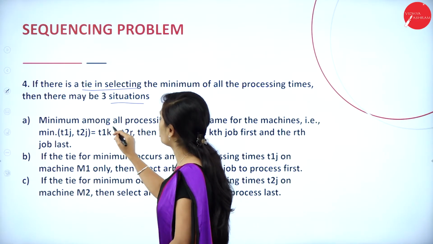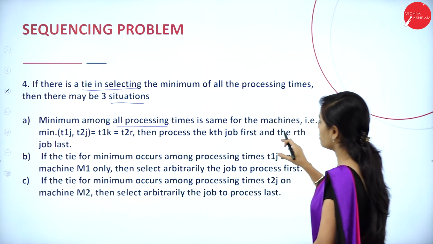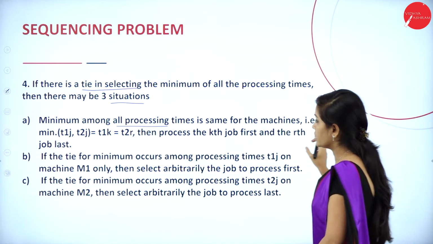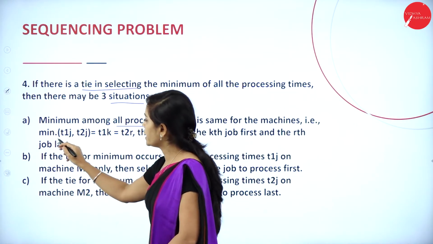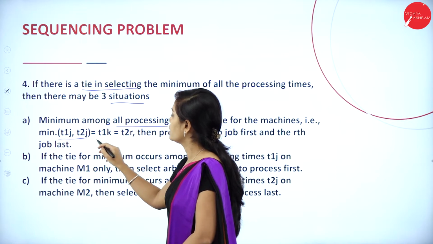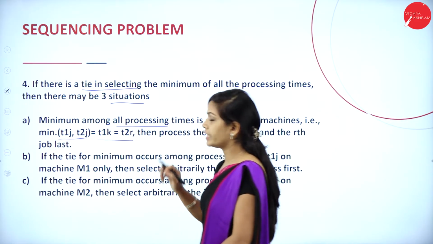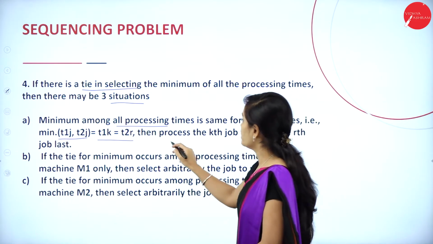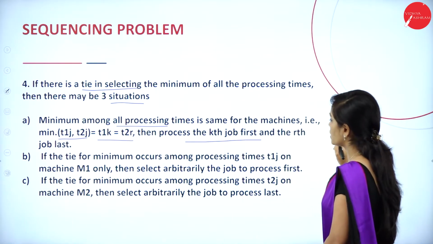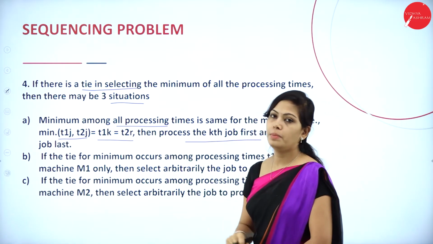The minimum among all processing times is the same for both machines, that is, the minimum T1j, T2j is equal to T1k and T2r. Then process the kth job first and the rth job last.